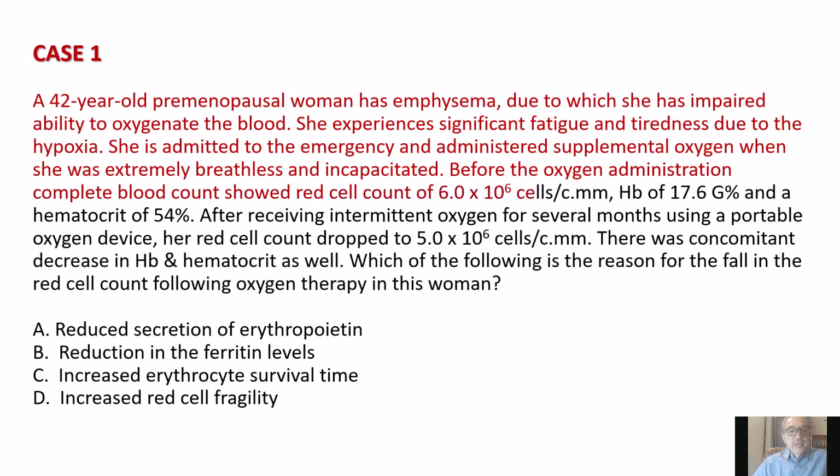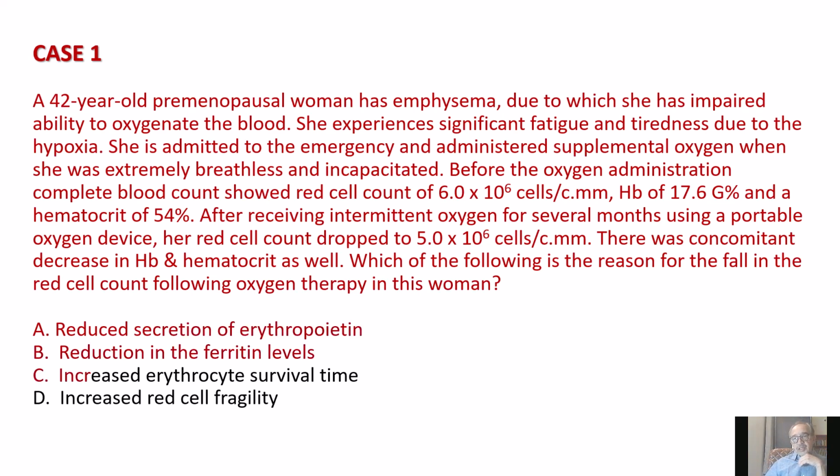Before the oxygen administration, the complete blood count showed red cell count of 6 million per cubic millimeter, HB 17.6, hematocrit 54. After receiving oxygen for several months, red cell count dropped to 5 million per cubic millimeter. There's concomitant decrease in the hemoglobin and hematocrit as well.